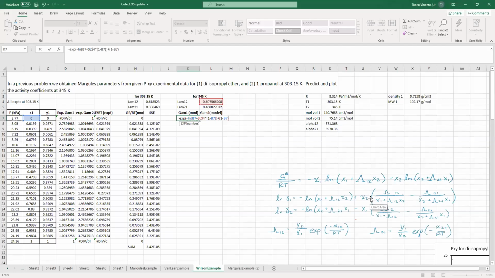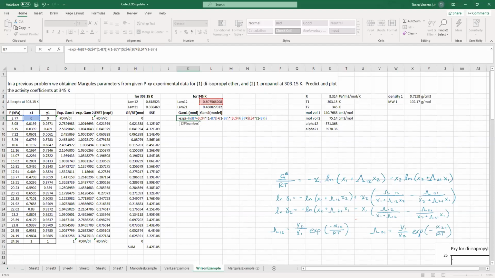Okay, so I'm right here, times big open parentheses, lambda 1, 2 divided by parentheses x1 plus lambda 1, 2 times 1 minus x1. Close that one, close the denominator, but don't close the purple one.